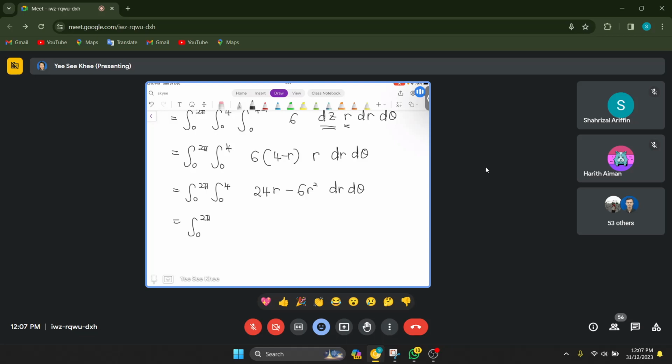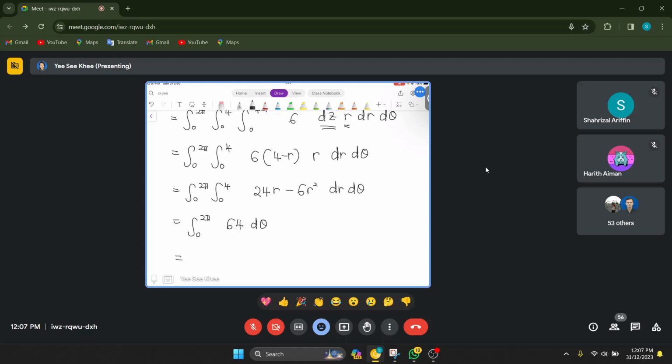So you press the calculator, 24r minus 6r squared, from 4 to 0. Yeah, you get 24 d theta.